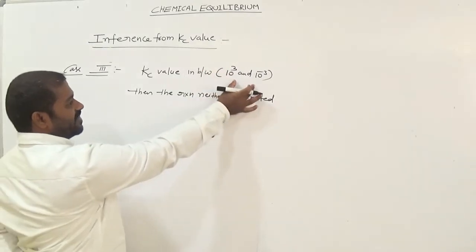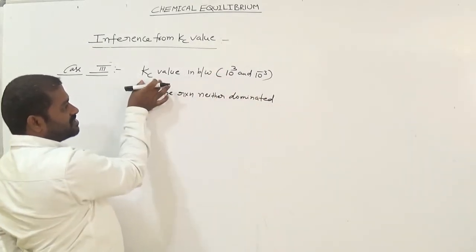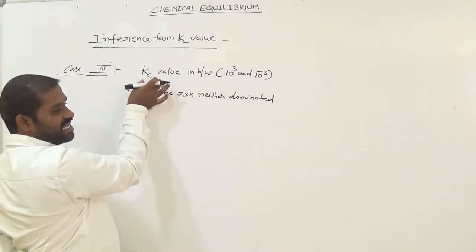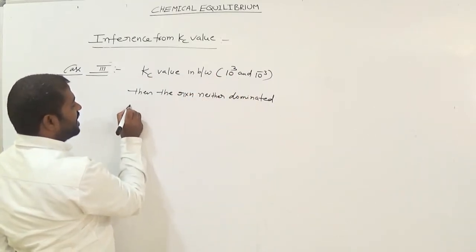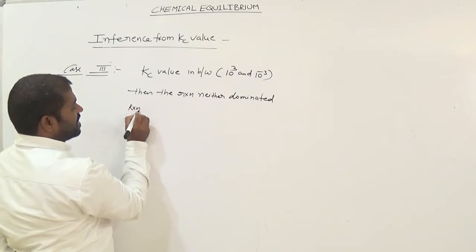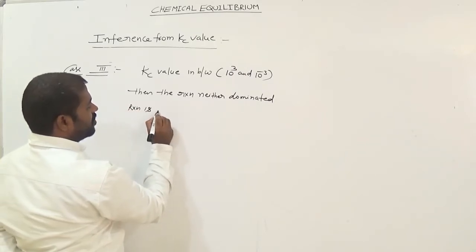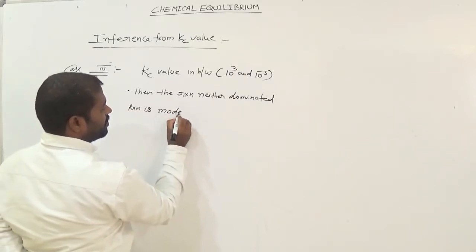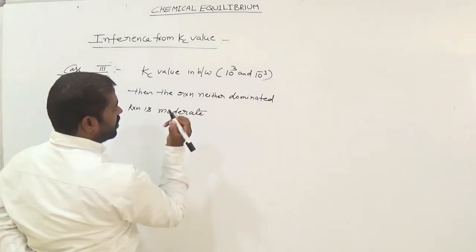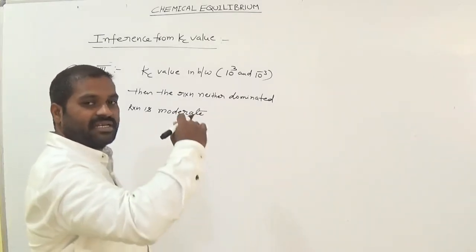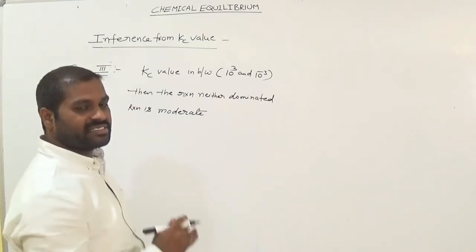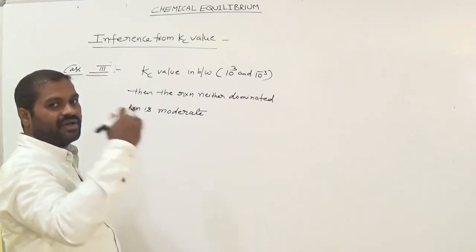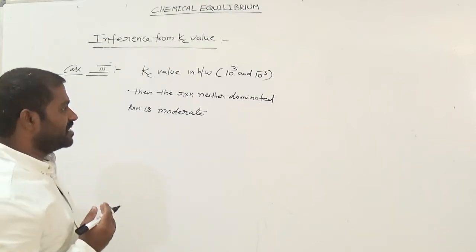So in between these two values, the Kc value is here, and the reaction is a moderate reaction. That means the reaction is going to attain equilibrium condition. That means the rate of forward reaction equals the rate of backward reaction. Okay, is it clear?